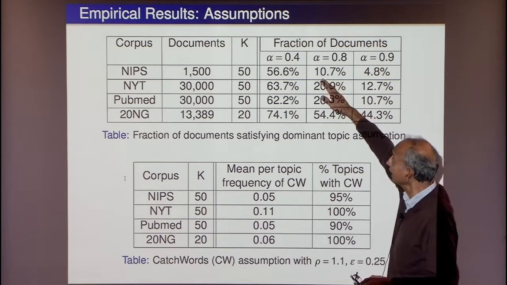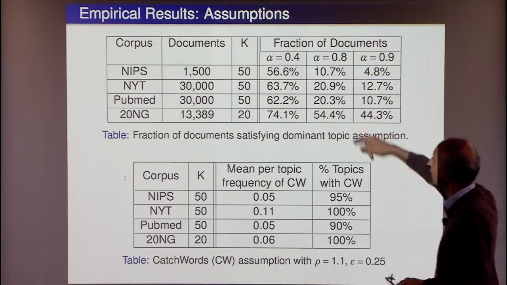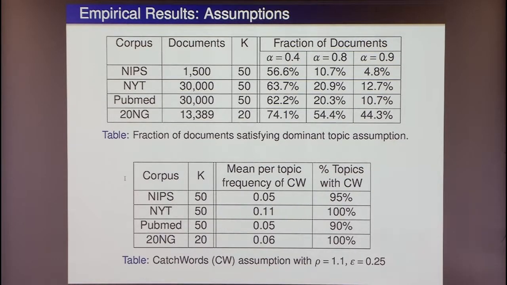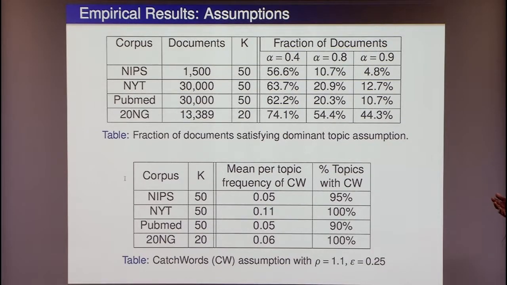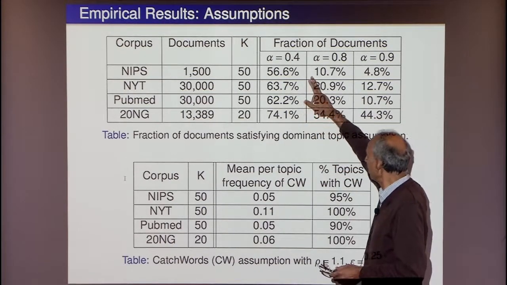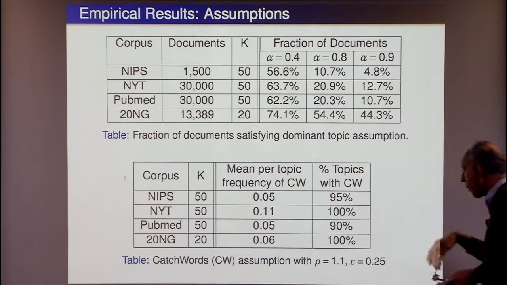But these are empirically observed. So we take the corpus, and after we fit the model we look for whether dominant topics exist. They exist in this percentage of documents with 0.4. As I said, I think the thing will work if the assumption is changed to only a constant fraction of the documents having dominant topics. We don't have that yet, we assume everyone now.